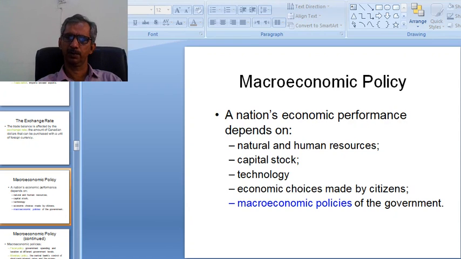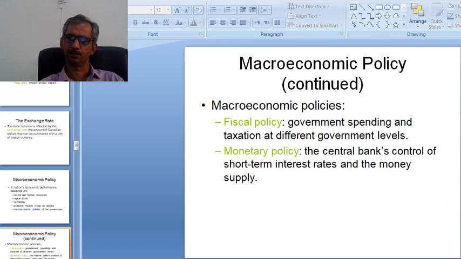So, macroeconomic policy: a nation's economic performance depends on several factors. These are natural and human resources, the capital stock, technology, and economic choices made by citizens, like the macroeconomic policies of the government.